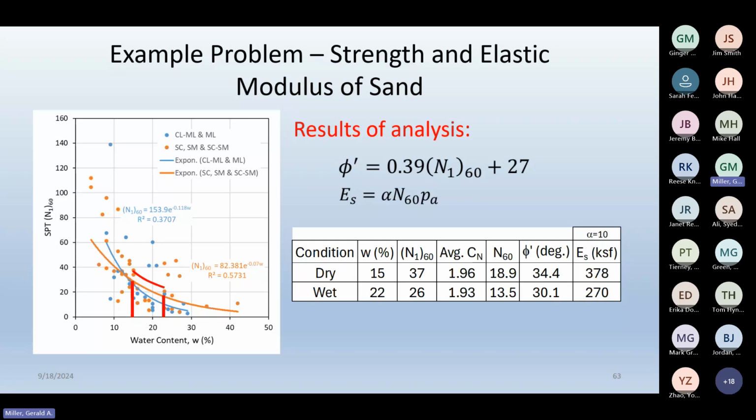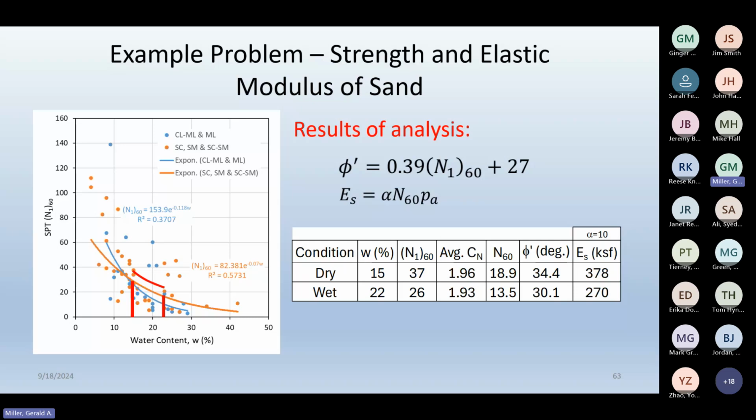And again, they're empirical. There's a lot of scatter, but you should expect scatter because N value does not only depend on water content. It depends on the density. It depends on the stress history. It depends on the nature of the particulate material, the mineralogy. So there's a lot of factors that aren't considered in this.